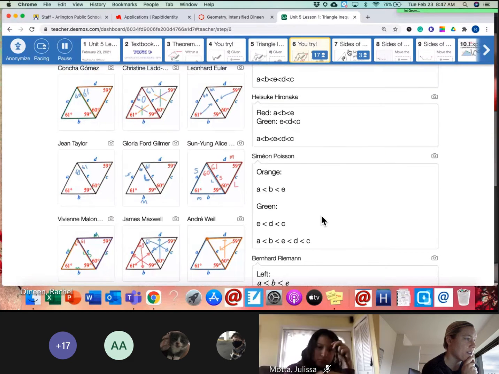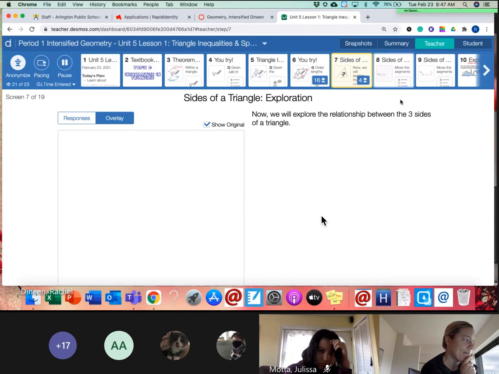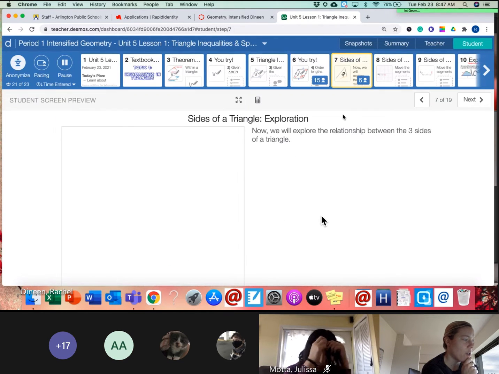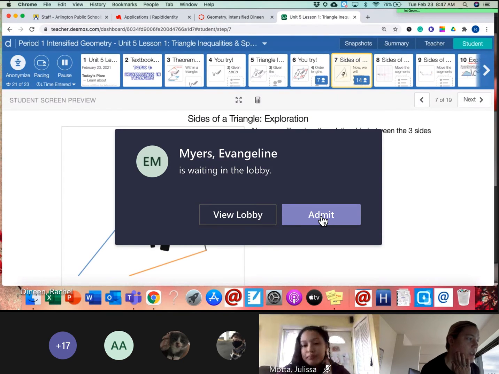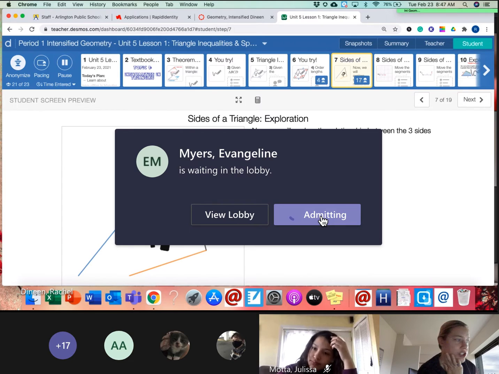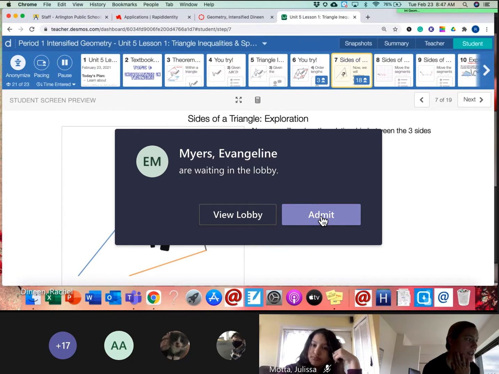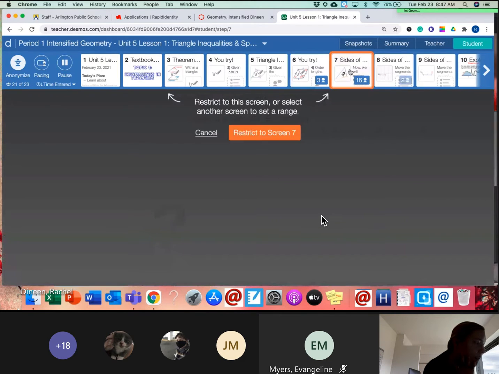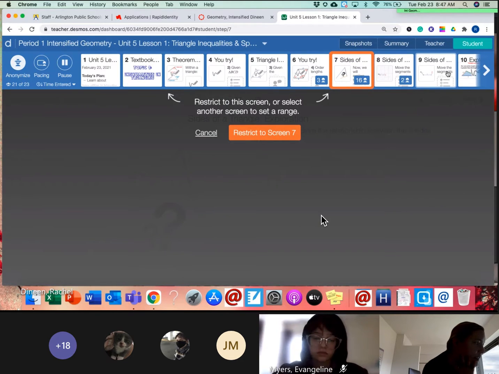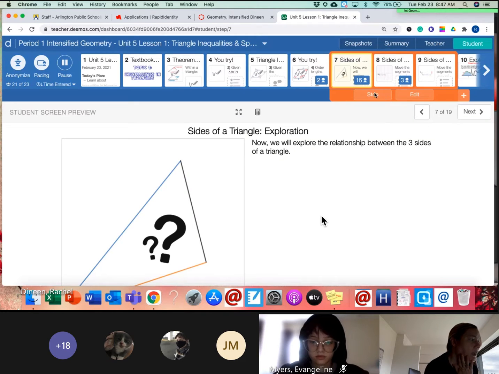All right, so let's move on to slide 7. Triangle exploration. Now we are going to explore the relationship between the three sides of a triangle. I'm going to paste your screens from slide 7 to slide 9, and go ahead and go through 7, 8, and 9. We're next going to look at the sides of a triangle.